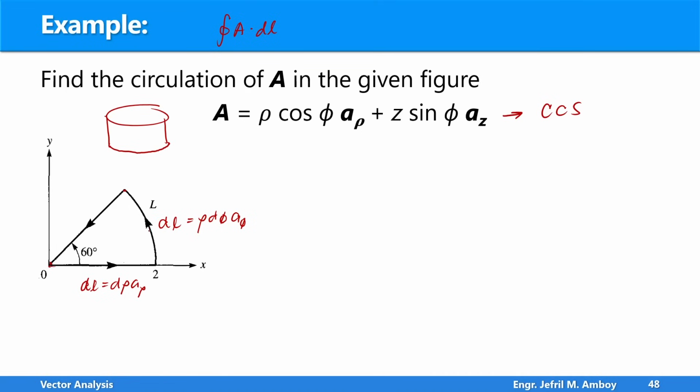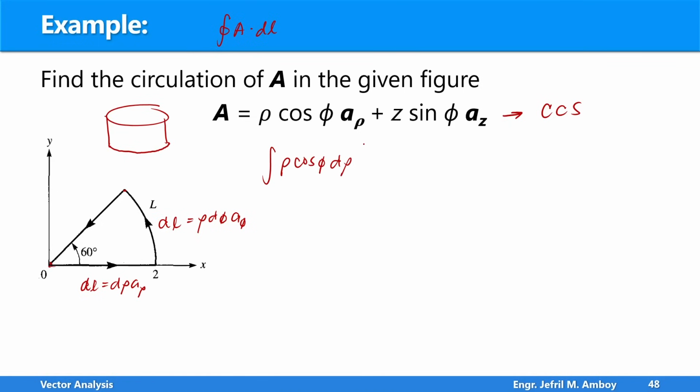Okay? So now that we have defined the dl for each path, we can now calculate the line integral. For the first path, we will get the dot product of vector A and this dl. This term will vanish because if we dot A and a_rho, what will remain is just the vector component for a_rho. So I will write it down here, rho cosine of phi multiplied by d rho.